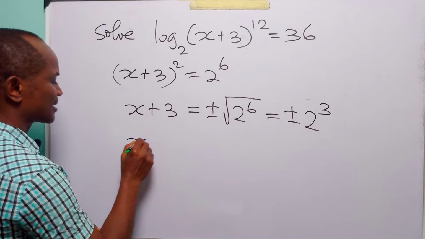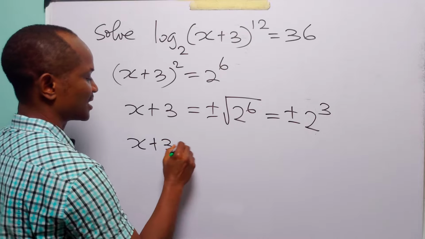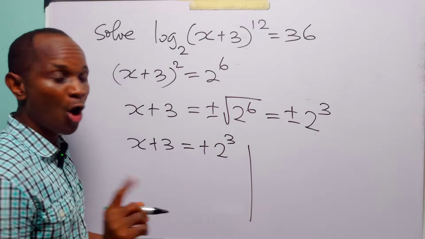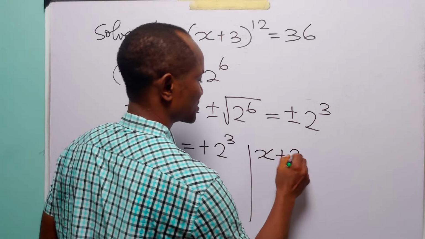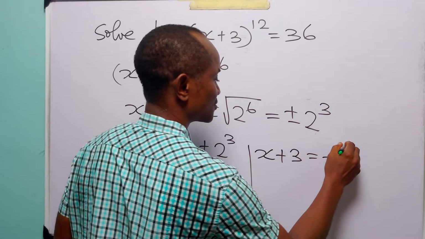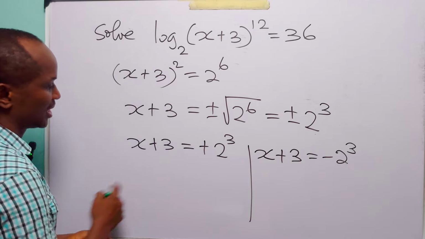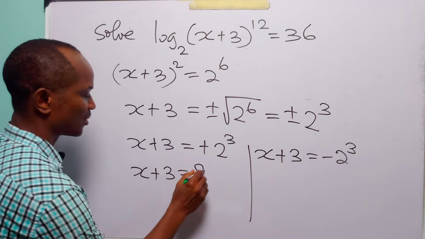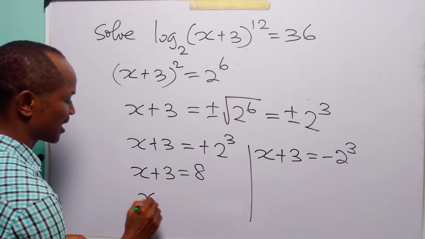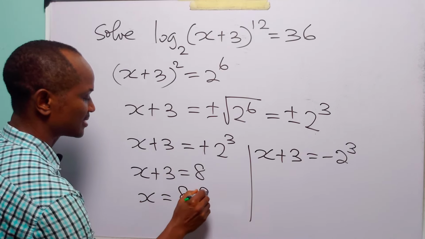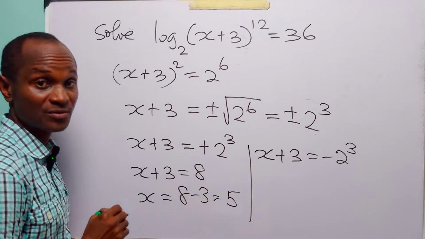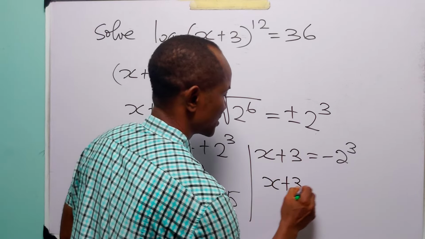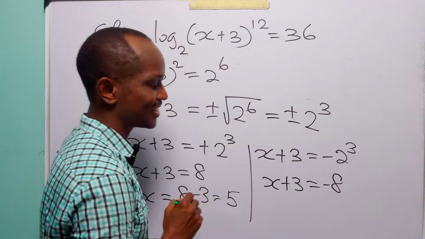So we have that x plus 3 is equal to plus 2 to the power 3, or x plus 3 is equal to minus 2 to the power 3. Solving the first equation, we have that x plus 3 is equal to 8, and from here, x is equal to 8 minus 3, which is equal to 5. And solving the second equation, we have that x plus 3 is equal to minus 8.